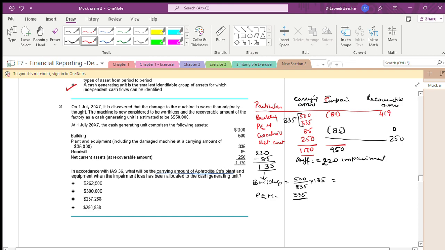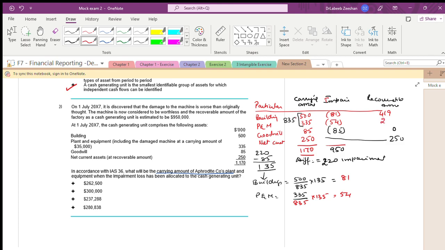And 335 into 135 comes to 54. 335 minus 54, 281.